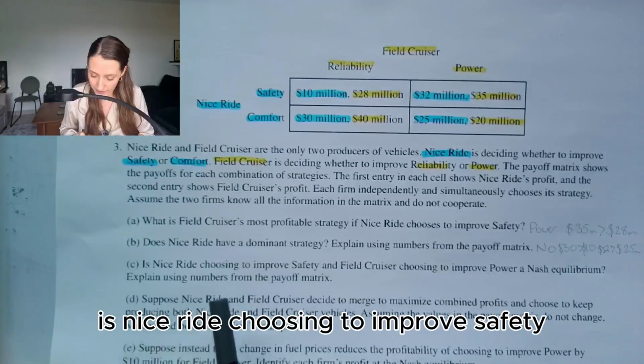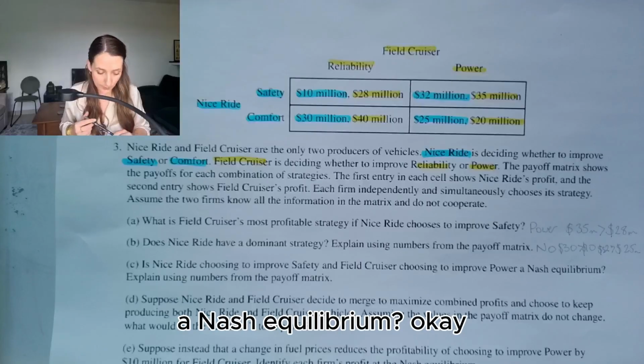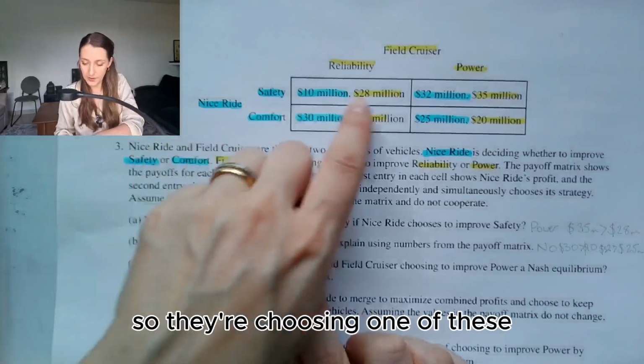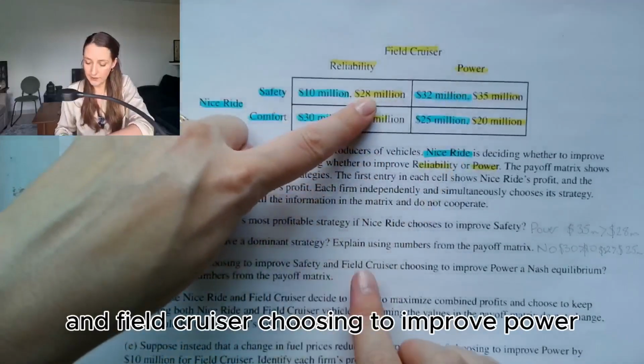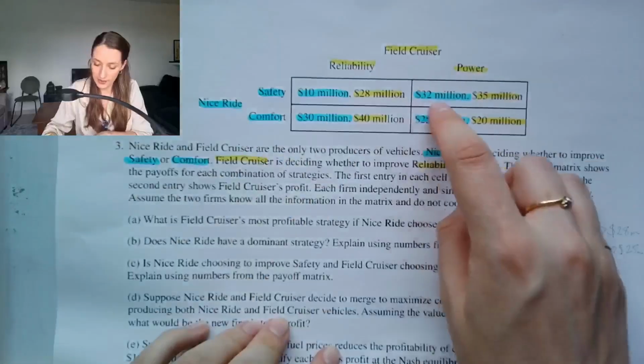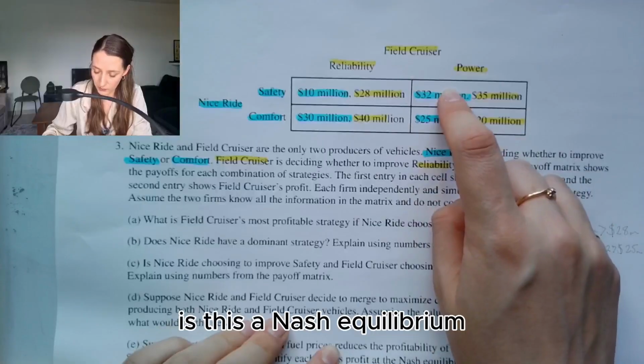Is Nice Ride choosing to improve safety and Field Cruiser choosing to improve power a Nash equilibrium? Okay, Nice Ride choosing to improve safety, so they're choosing one of these, and Field Cruiser choosing to improve power. With this top right box, is this a Nash equilibrium?